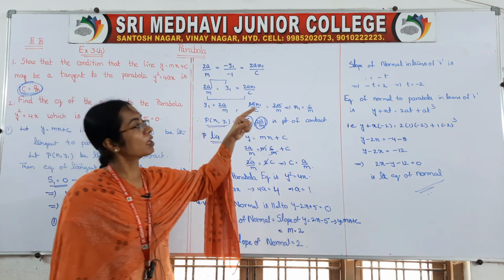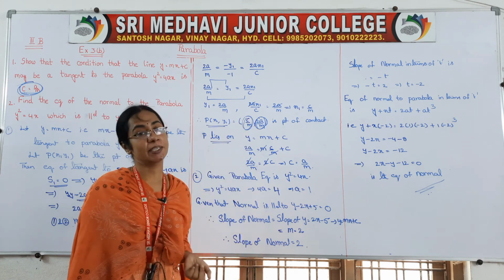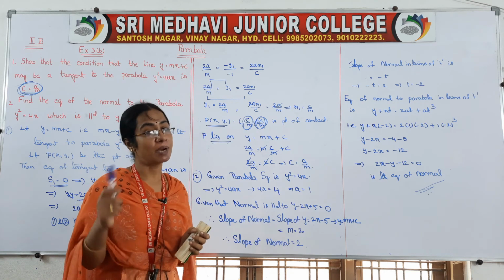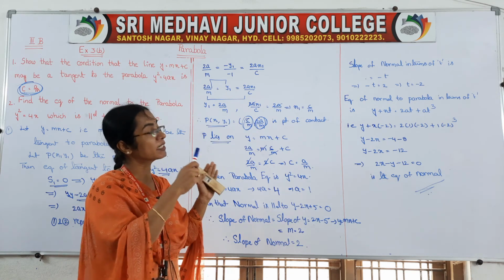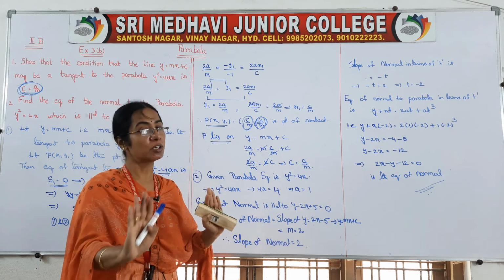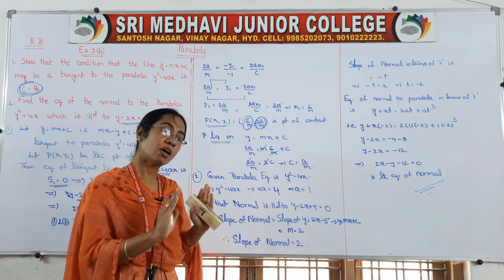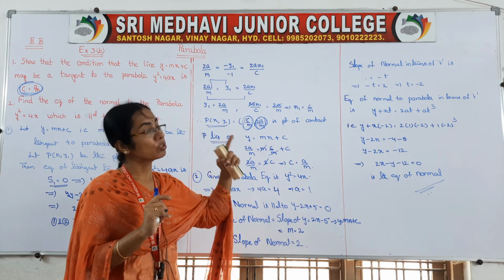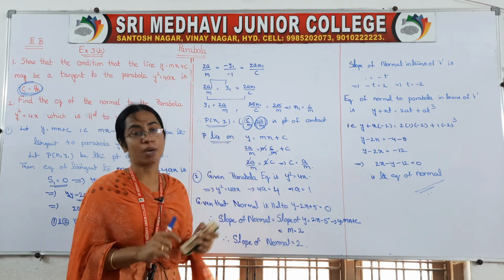Slope of the normal in terms of t is minus t. We got minus t is equal to 2, so t is equal to minus 2.